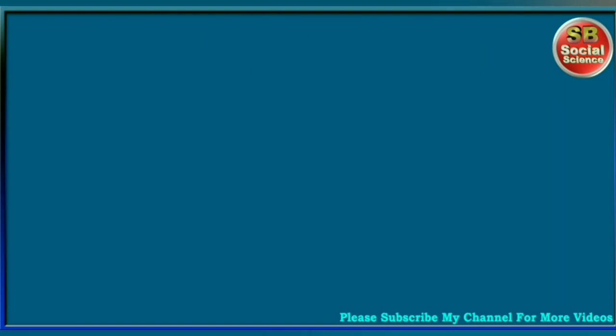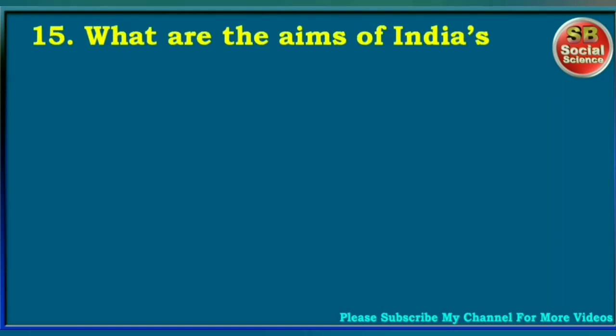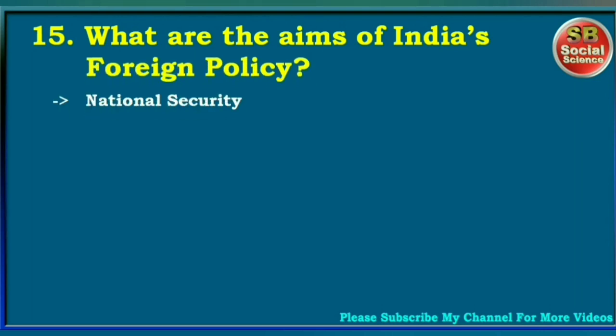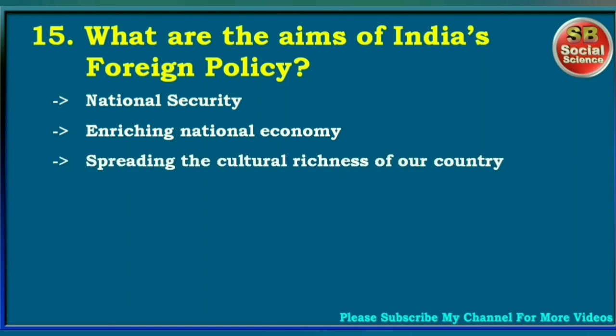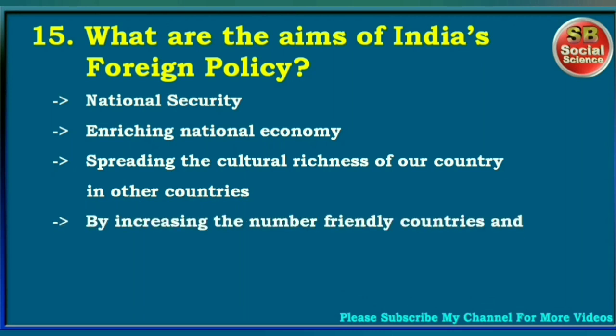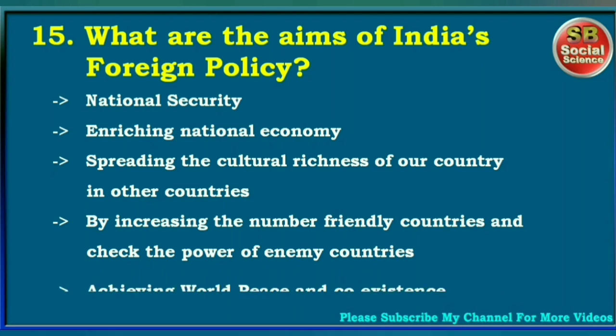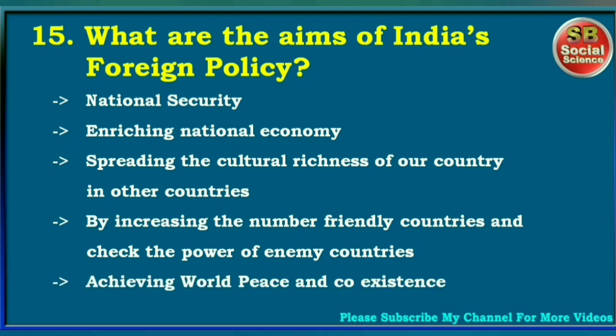Let's see another important question: what are the aims of India's foreign policy? Answer: national security, enriching the national economy and spreading the cultural richness of our country in other countries, then increasing the number of friendly countries and checking the power of enemy countries, and achieving world peace and coexistence.